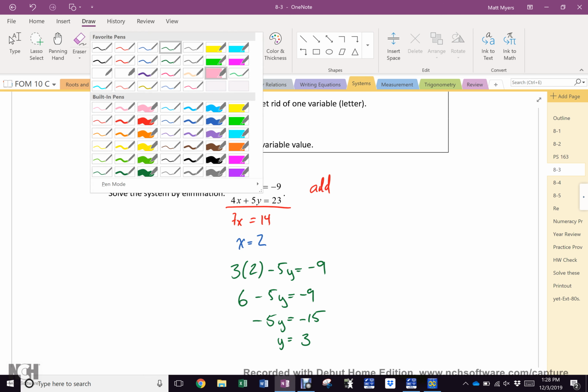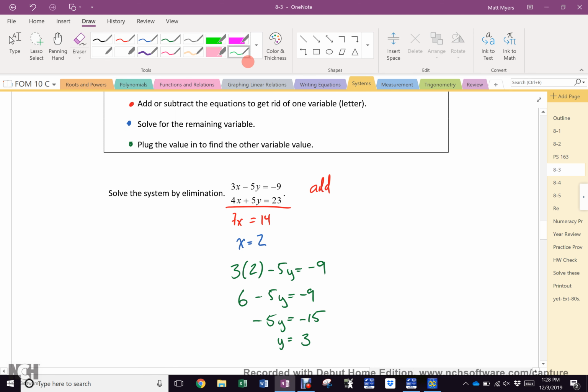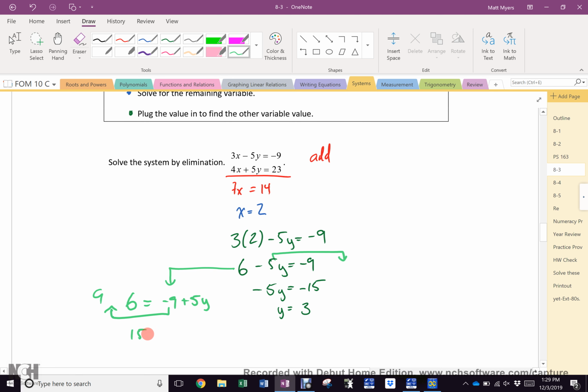Now, the reason Braden is questioning is because here, he did this. 6 equals negative 9 plus 5y. He moved the 5 over there. Then he had to move this 9 over here, so the 9 became positive, and he ended up with 15 equaled 5y, and then y equaled 3. Did it matter? No. Who decides how to do the algebra? You do, but you still must follow algebraic rules.